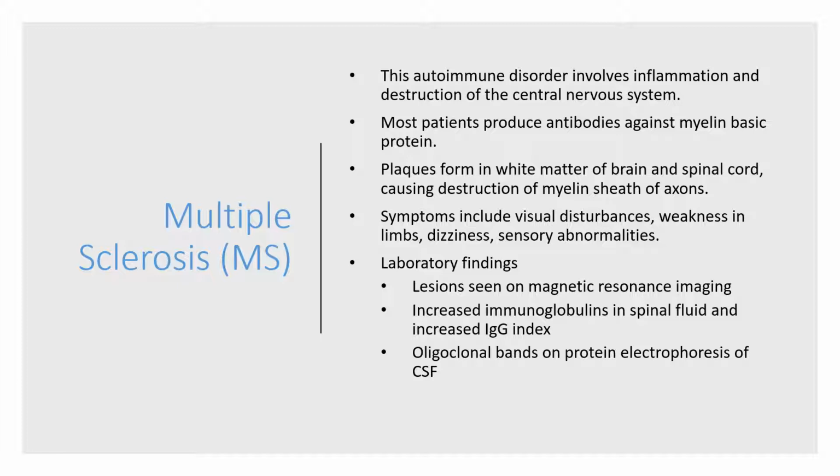Multiple sclerosis, an autoimmune disease that involves inflammation and destruction of the central nervous system, affects the brain and spinal cord, and you have antibodies that are specific to that. I don't believe I have the antibody listed here, and I will get back to you guys on that.